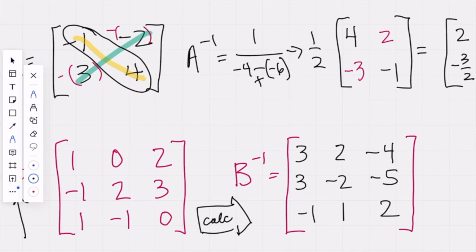Okay, so you could definitely check this 2 by 2 by using a calculator, but you should be able to find it by hand, and that would be following these steps.